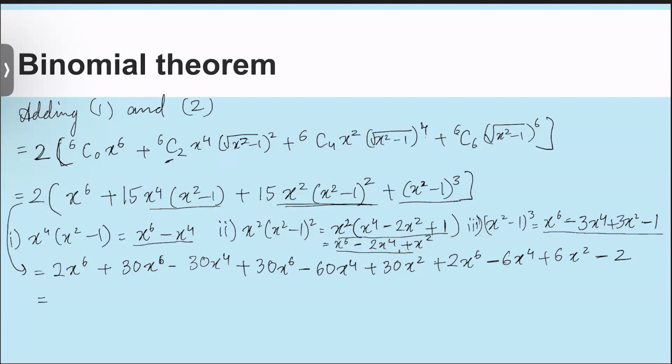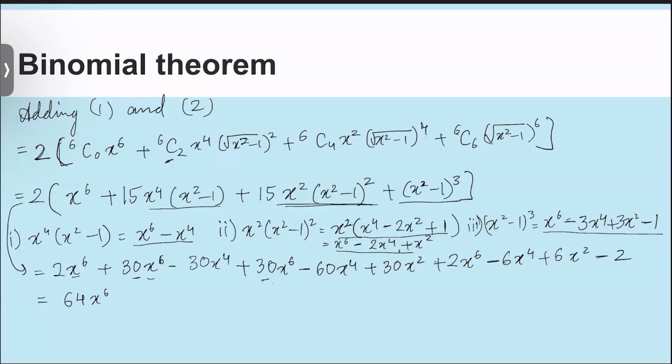Now get all the x variables and whatever power they have, all the common terms together. So you have 2x raised to 6, so this is 32, 32 plus 30 is 62, 62 plus 2, this will be 64x raised to 6. And then you have x raised to 4 will be the next term.